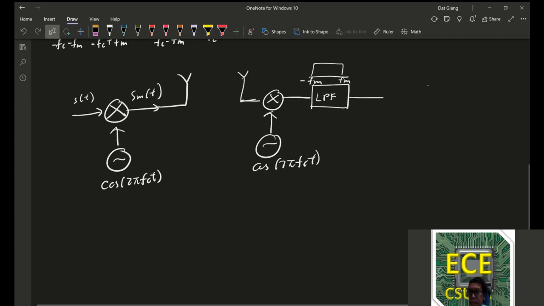And from there, we're able to get our transmitted signal. That is, in essence, the AM process. The FM process is a little more complicated, but it follows a similar idea. And this specific situation is actually what's called AM double sideband, or DSB, suppressed carrier.